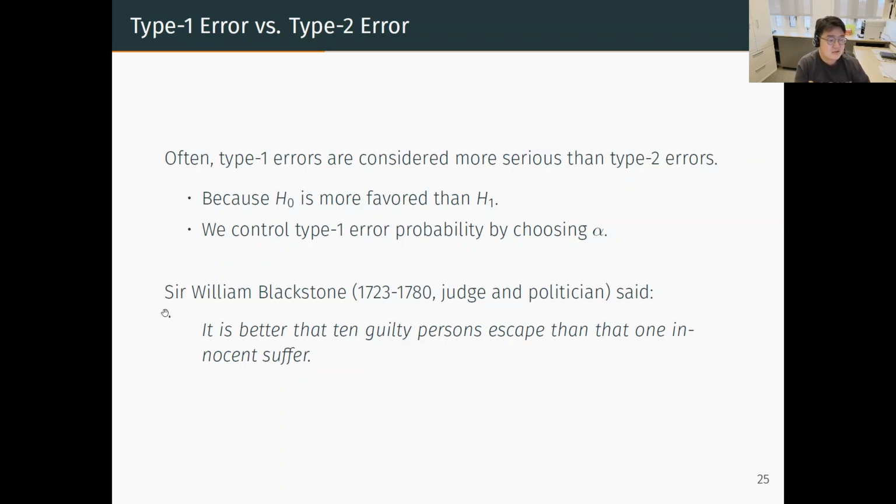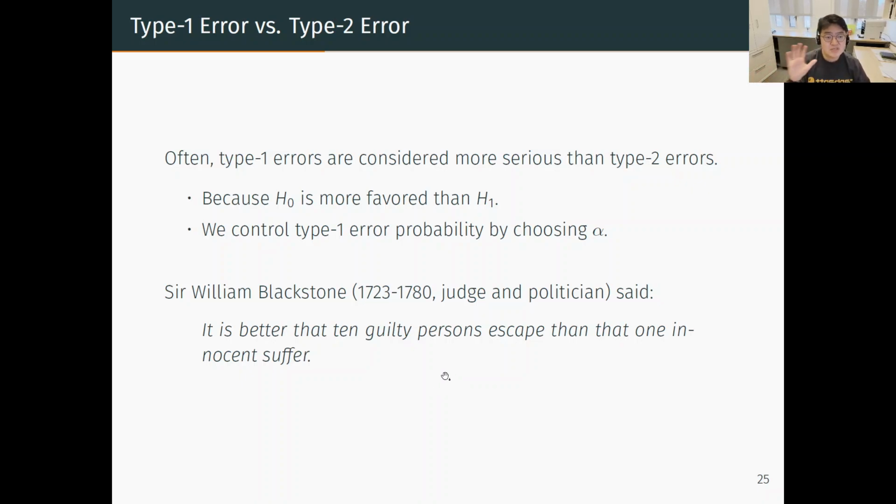In law there is a principle by Sir William Blackstone. I don't know who he is. He's an 18th century judge and politician who said it is better that 10 guilty persons escape than that one innocent suffer. Exactly, this is the underlying philosophy behind hypothesis testing.